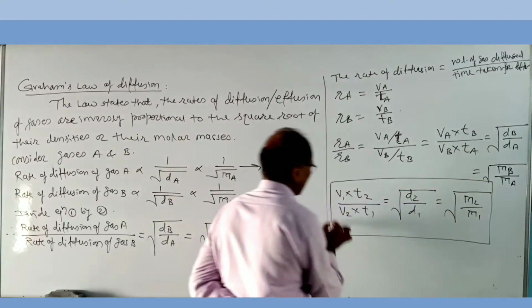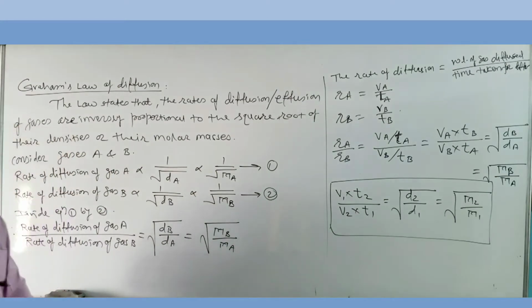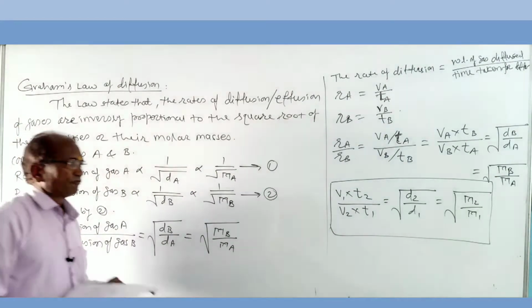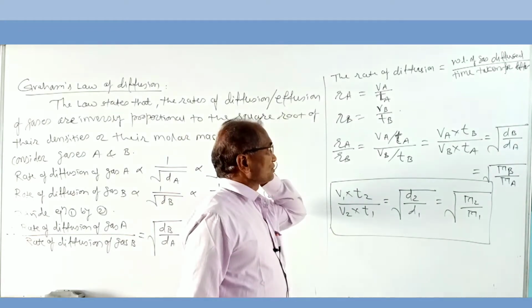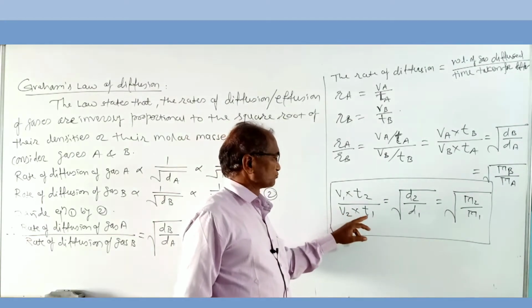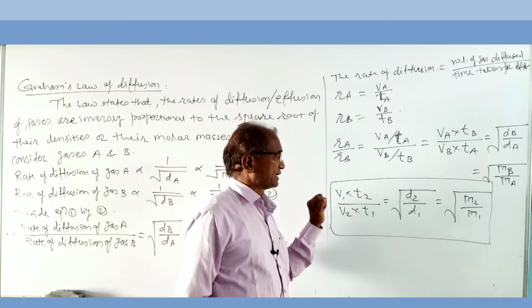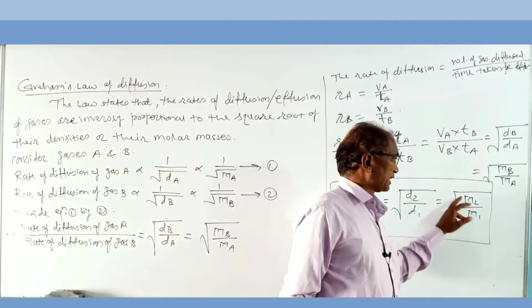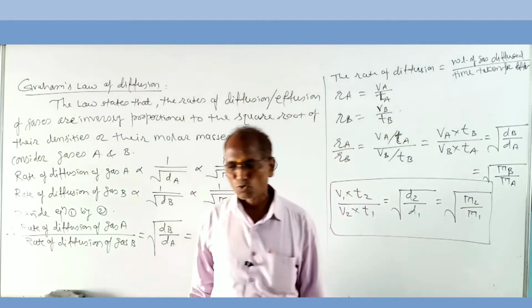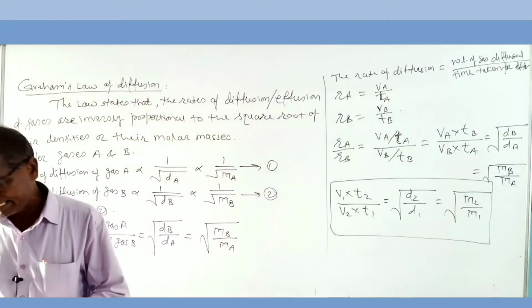This is Graham's law of diffusion, where V1 and V2 are the volumes of gases 1 and 2, T1 and T2 their time required for diffusion, D1 and D2 their densities, or M1 and M2 are their molar masses.